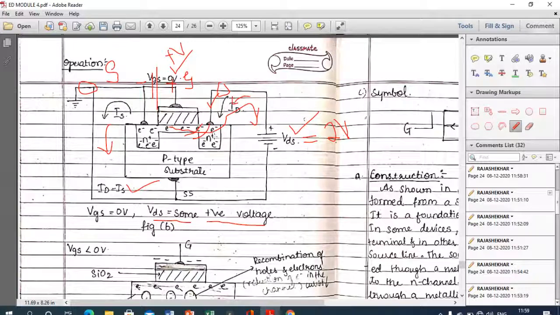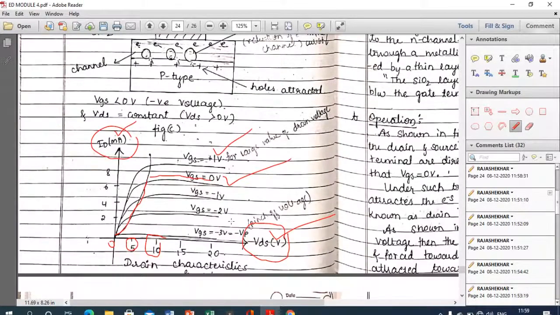It should not exceed the required current. If it does, it can break the channel and cause damage to the MOSFET. That's why we have taken only plus 1 volt here. Because of this plus 1 volt, we can get a large value of drain current flowing through the channel.